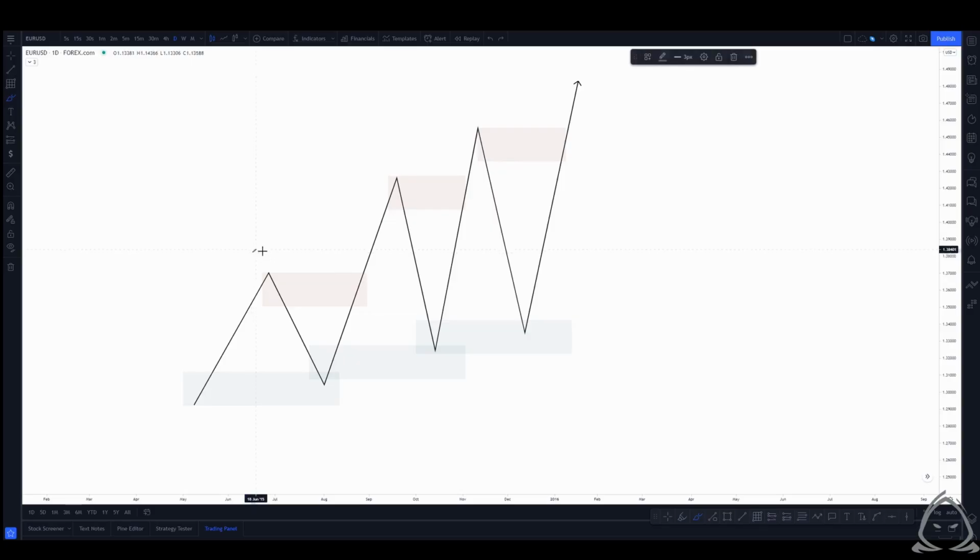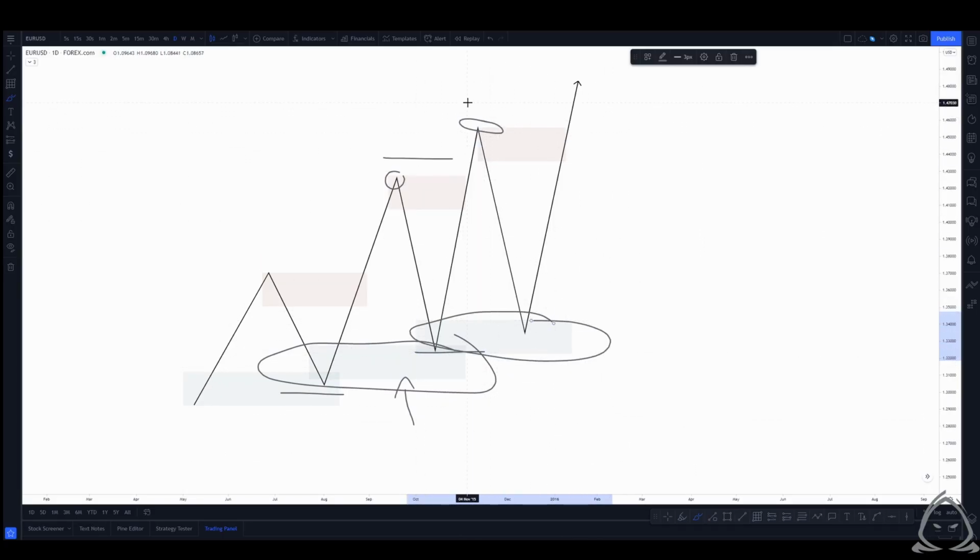And as a result, the supply zone is targeted. We keep moving on. This supply zone or high failed to take out this demand zone or low. Therefore, this high or supply zone would be targeted. This supply zone and this high failed to take out this low and this demand zone. Therefore, this supply zone and this high is targeted.